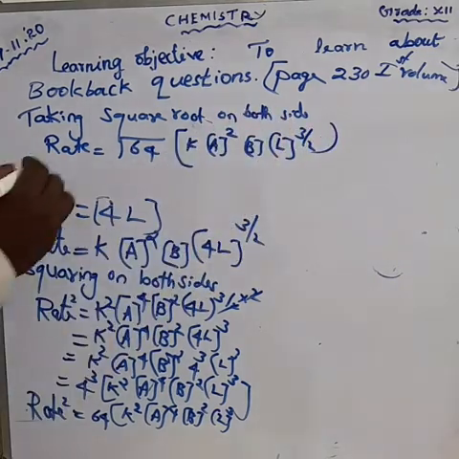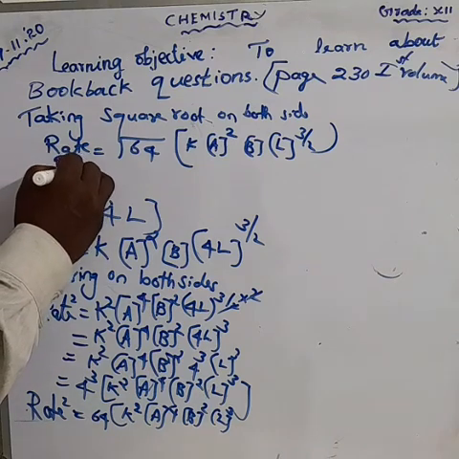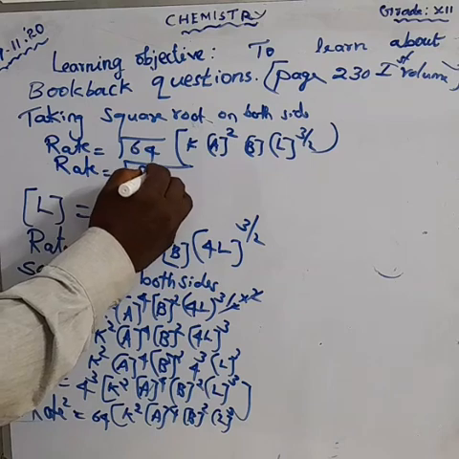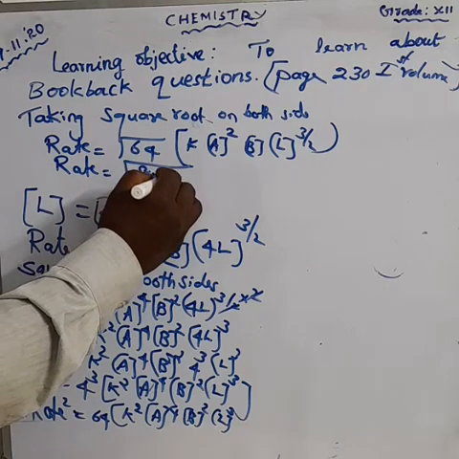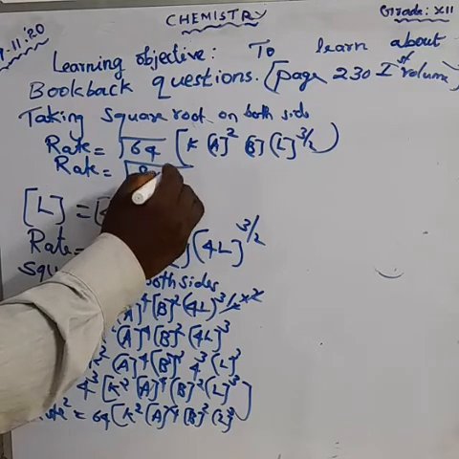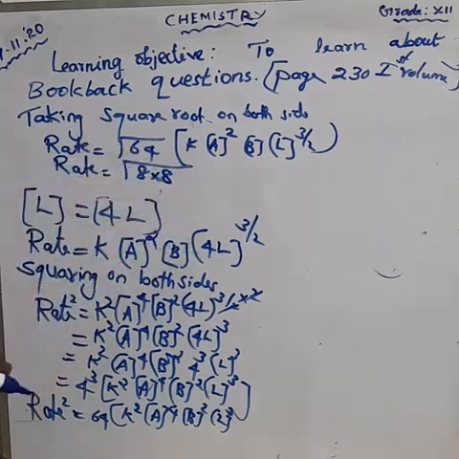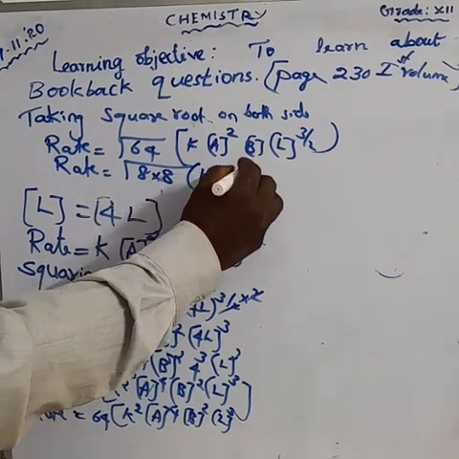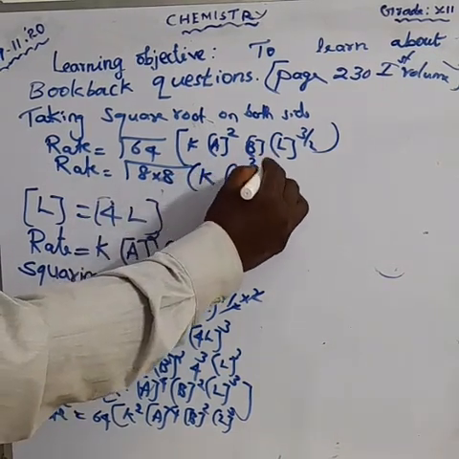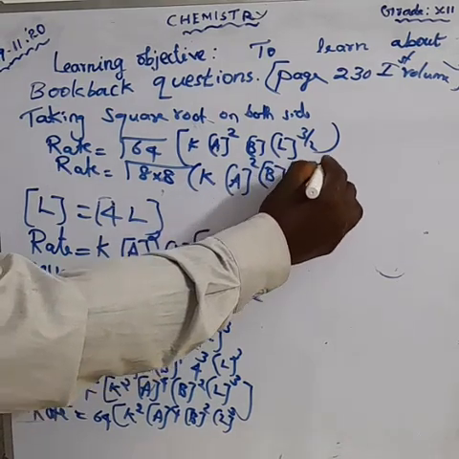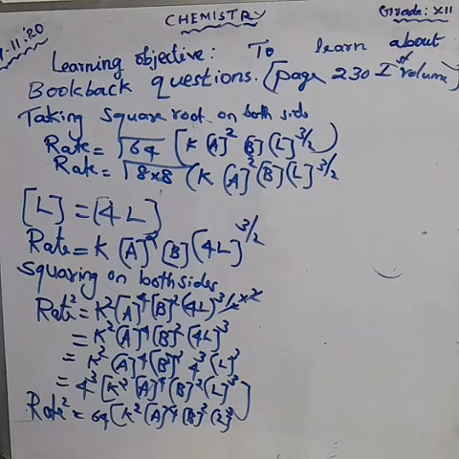Okay. Rate is equal to, this can be written as 8 into 8. Clear? 8 into 8. Clear? Then K A square B L 3 by 2.